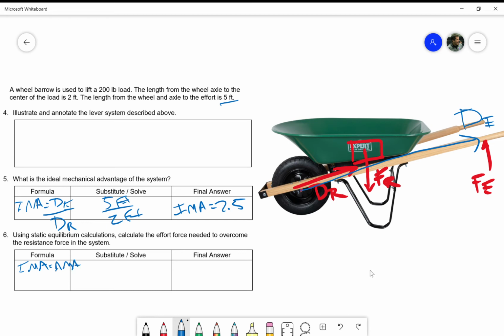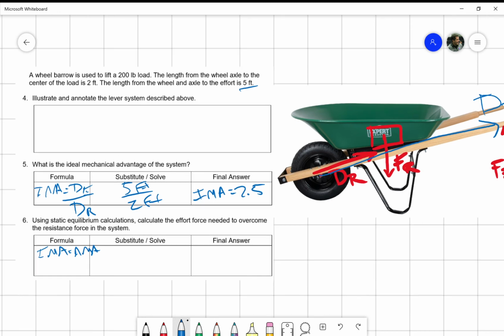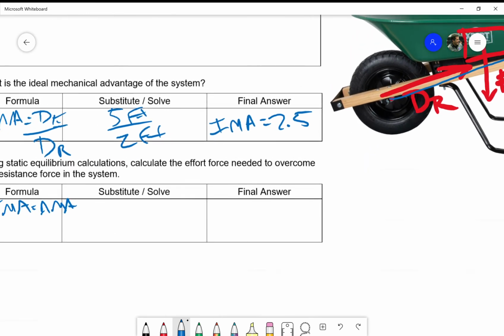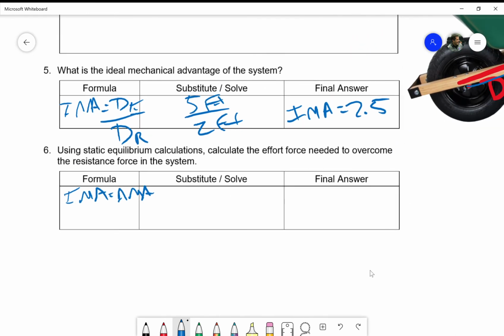So my IMA, which was dE over dR, is equal to my AMA, which is FR over FE.